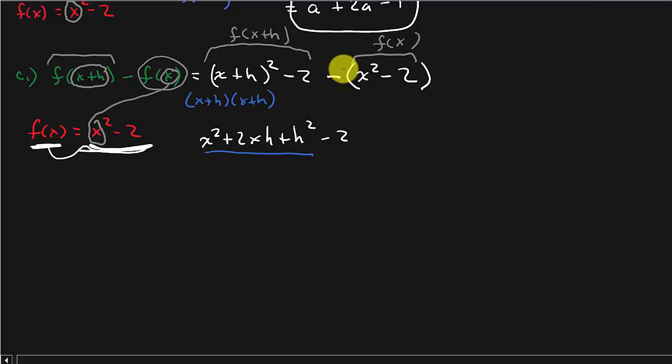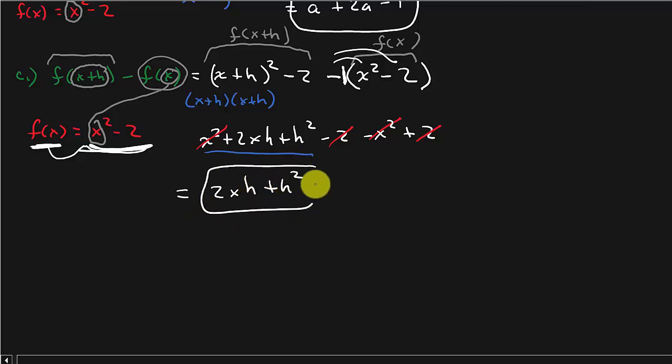And then remember, this is like a negative 1. I'm going to distribute the negative 1. So minus x squared plus 2. And so this is equal to, well, look, x squared minus x squared, those go out to 0. Negative 2 plus 2, those go to 0. And so I'm just left with 2xh plus h squared, and there's my answer.